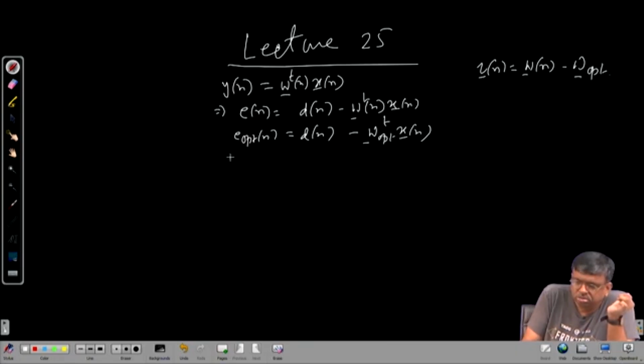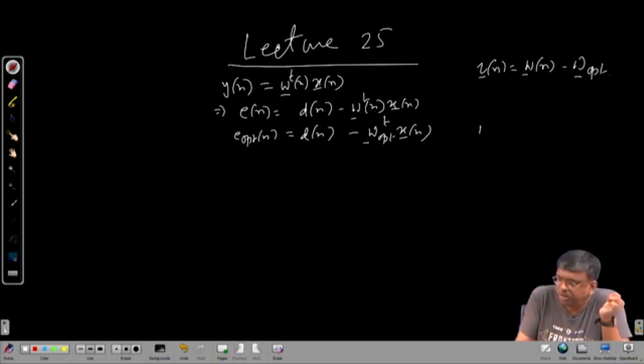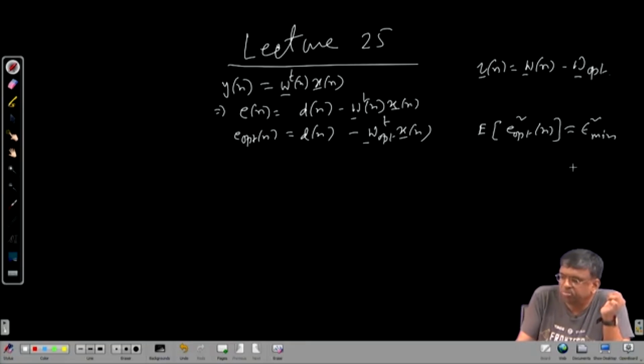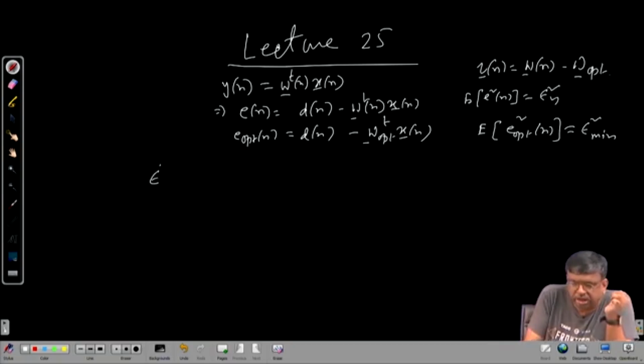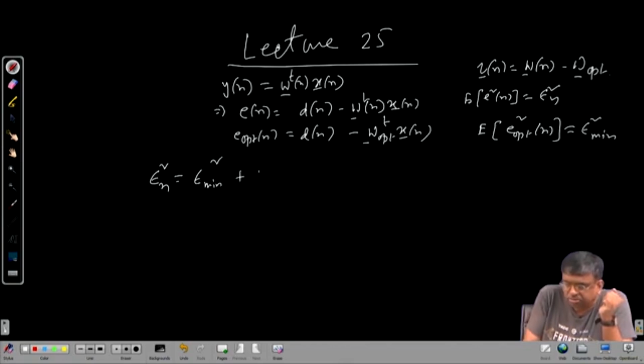And what we found is this: if you denote the variance of this error as the minimum possible variance, epsilon square min, and here you say epsilon square n, then epsilon square n, under some generalized independence assumption which I did last time, has this component plus an additional component.